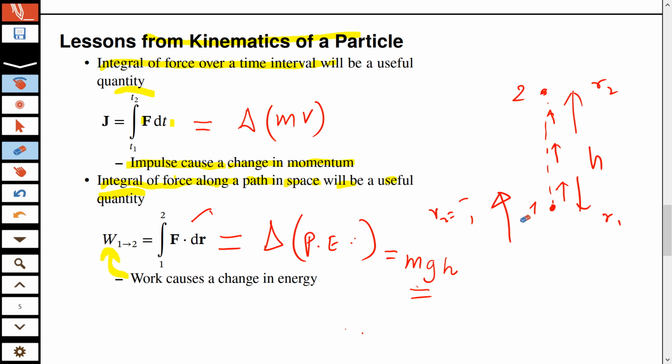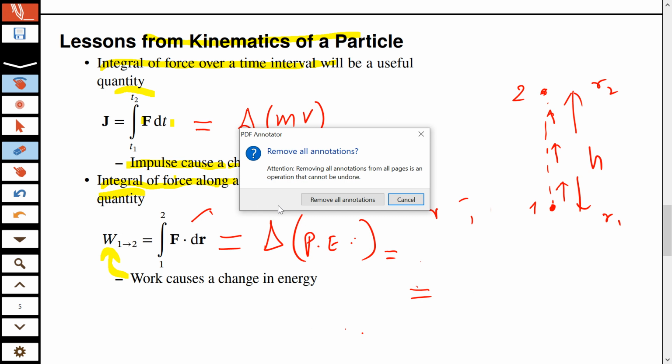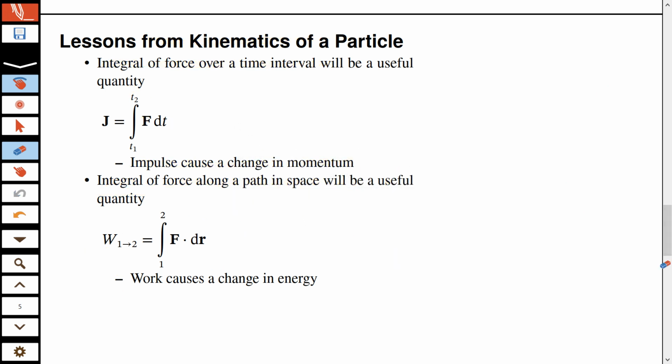There is even a third example where the work will lead to a change in some other form of energy. Let's say, you have to think and tell me this. Let's say I have a surface on which you move an object with force F, and let's say there is friction here.